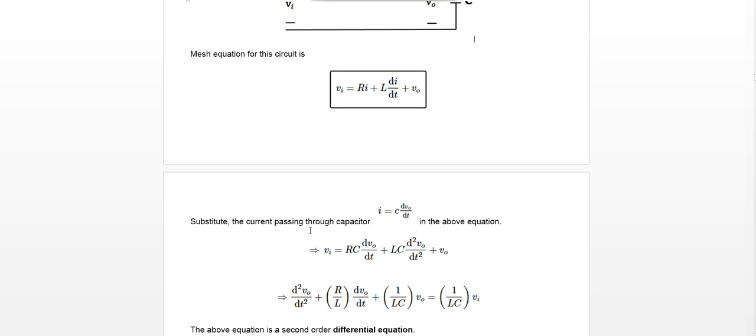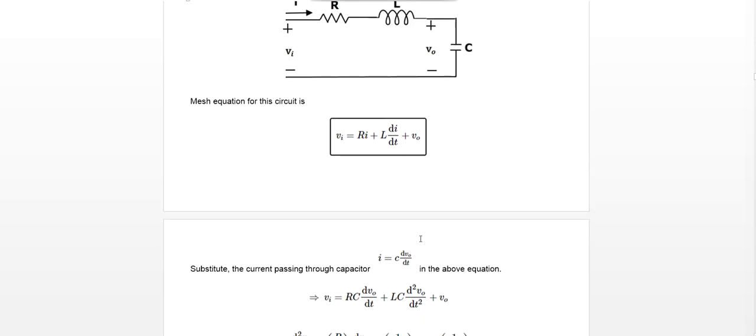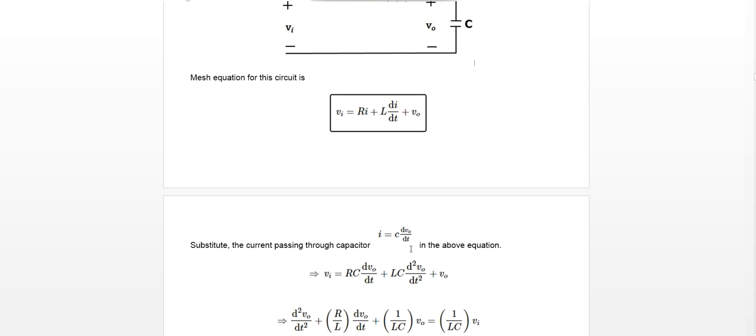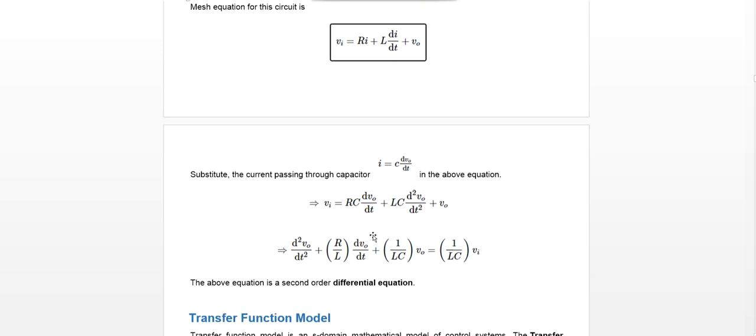So substitute the current passing through the capacitor, I is equal to C derivative of the output voltage with respect to time, in the above equation. So we can get VI is equal to RC dVO over dt. Since I here is given as C dVO over dt, we have here L C d squared VO over dt squared plus VO.